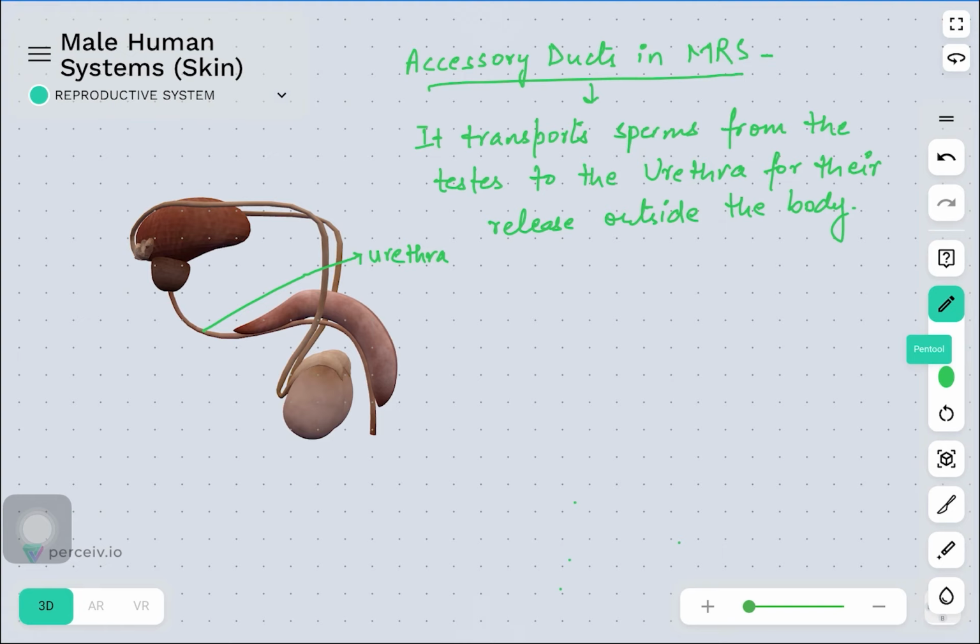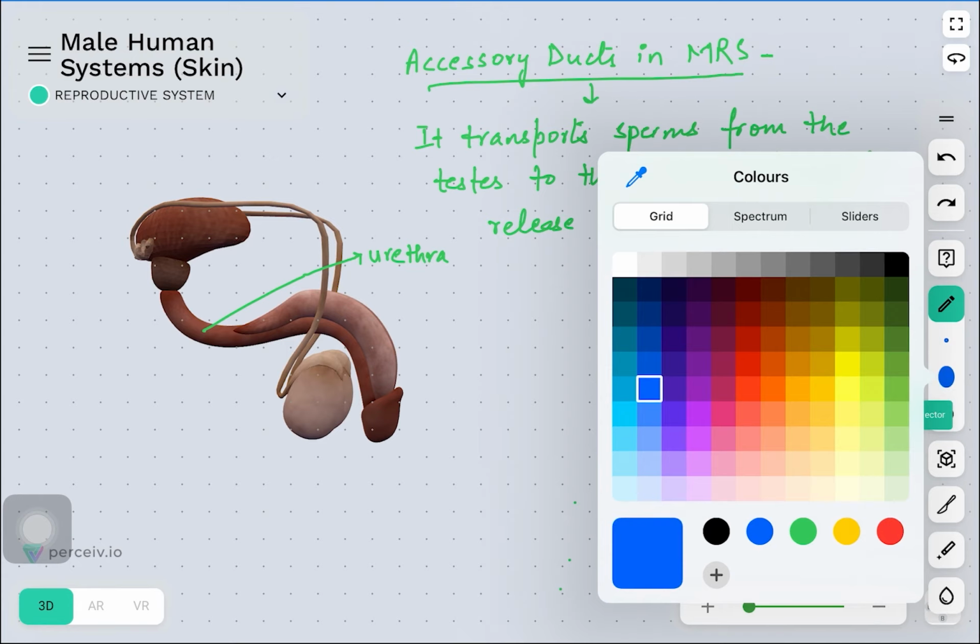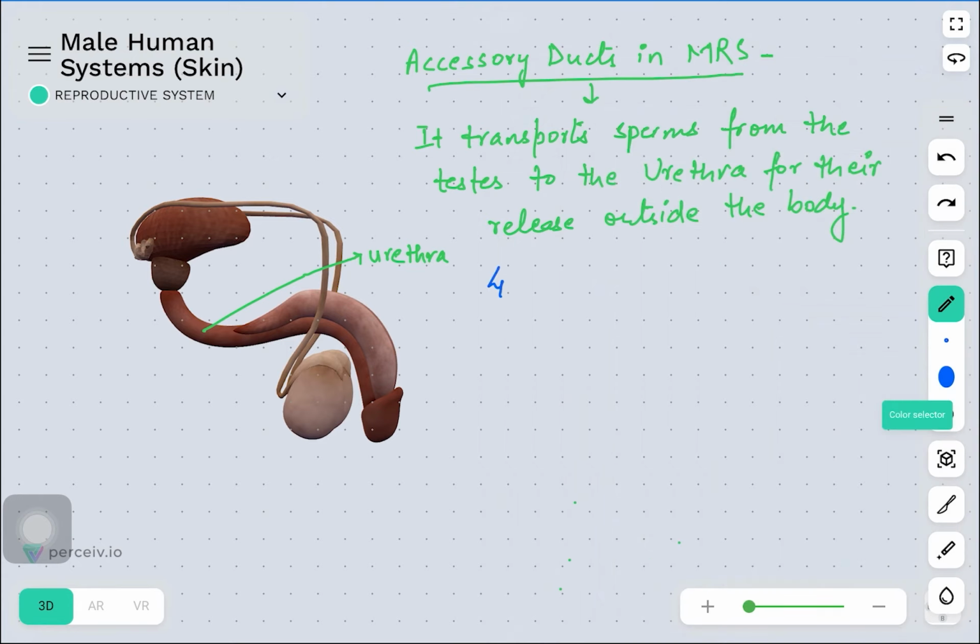All right. Now, there are basically 4 accessory ducts which are present in case of the male reproductive system. All right. Now, what are those 4 accessory ducts? The first one is called rete testis.